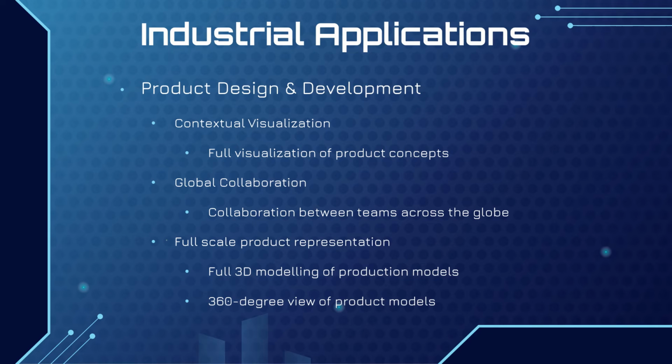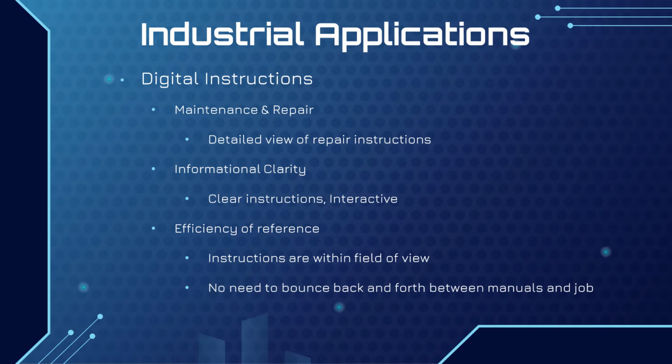So you might be able to catch any mistakes that might have been made or make any tweaks that you might want to make. A lot of the time you can actually run demos of these products to see if there might be any flaws or any problems caused by the way that it's been designed. So giving you a full 360-degree view of the product as a whole and the individual parts of the product is typically very beneficial.